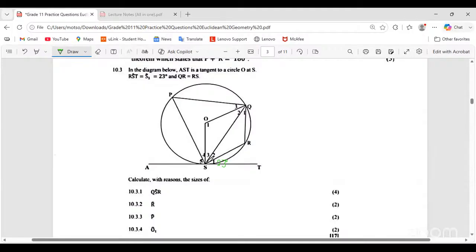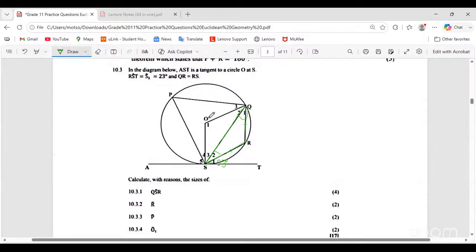QR, which is this line, is equal to RS. Therefore, this triangle is an isosceles triangle because these sides are equal. This angle will be equal to that angle, reason being angles opposite equal sides.